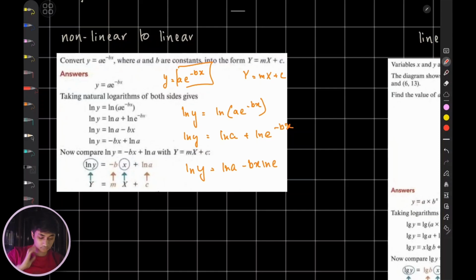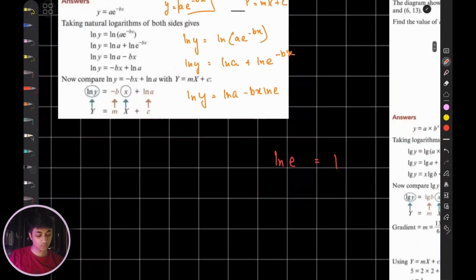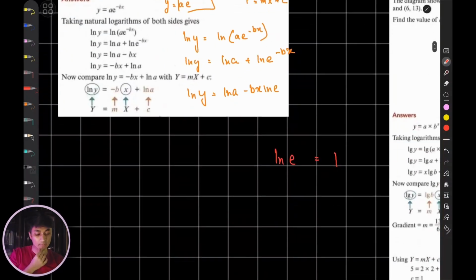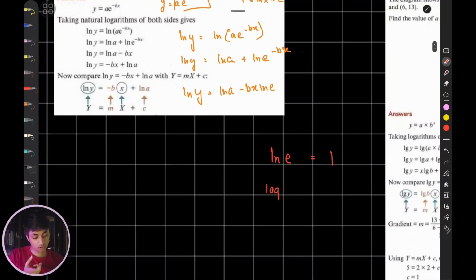Now, after this, what do we do? Let me give you an interesting piece of information. Whenever you have ln of e, it is going to be exactly 1. Why is that the case? Remember what I told you about the ln function? It is nothing but log base e.